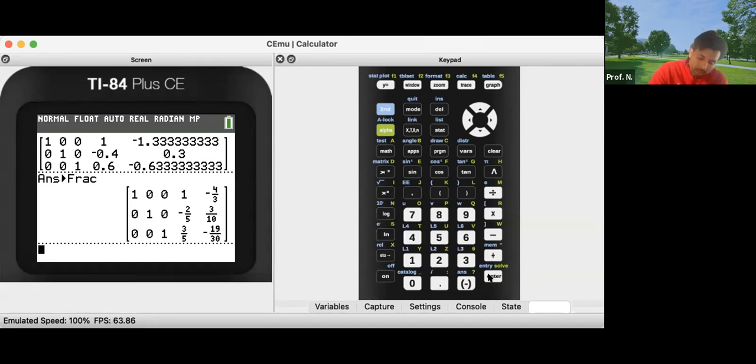I get 1, 0, 0, 0, 1, 0, 0, 0, 1. And then I get 1, negative 2/5, 3/5, negative 4/3, 3/10, negative 19/30.